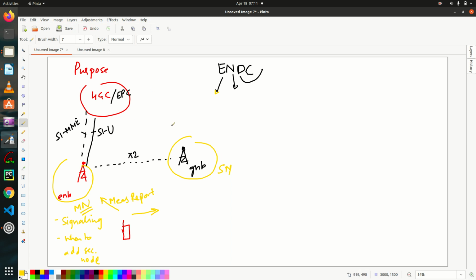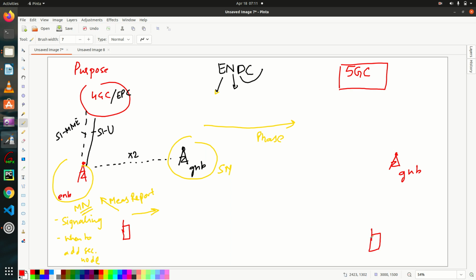One more important thing is that in phase 2, 3GPP is planning to introduce the 5G core node. Then they will use 5G G node B and your UE.